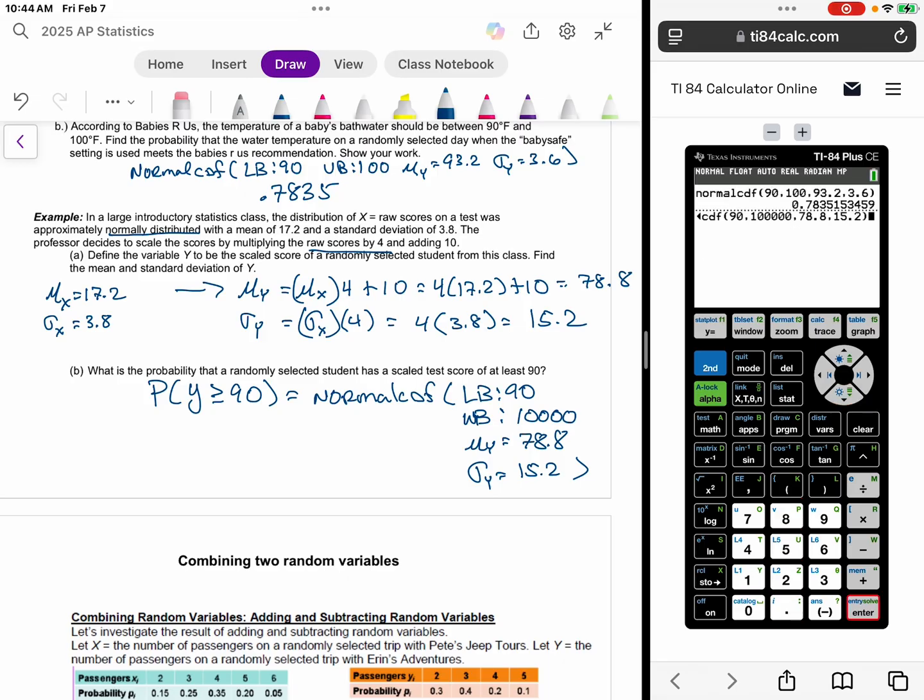Hit enter a couple times, and I find that it's 0.230609. So there is a 23.06% chance of selecting a student who will have a scaled score of greater than or equal to 90.